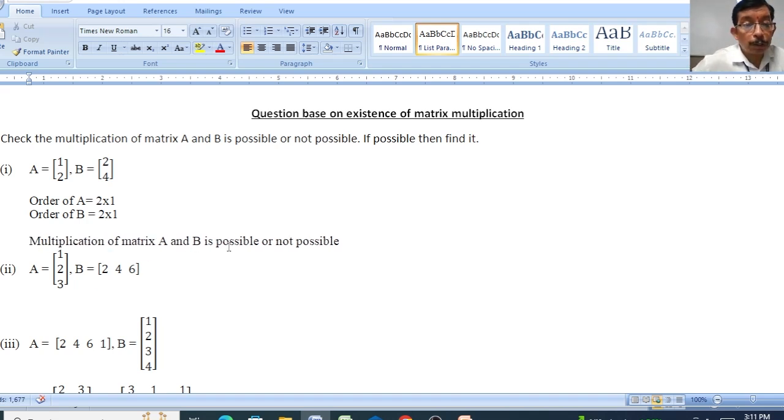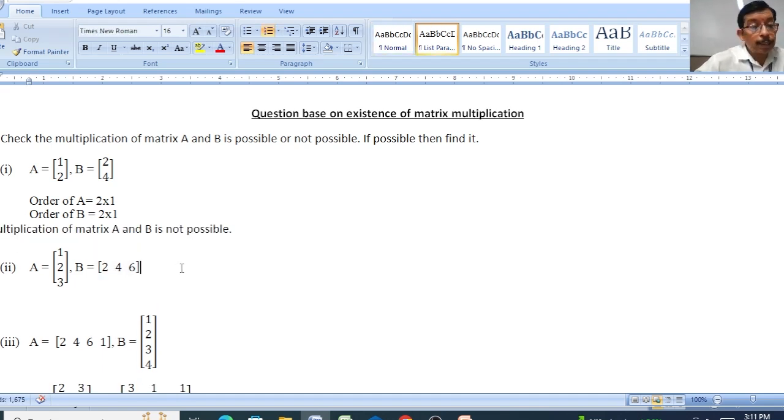Multiplication of matrices is not possible. The reason is clear: the number of columns in matrix A is not equal to the number of rows in matrix B. Then the multiplication is not possible. It is clear.